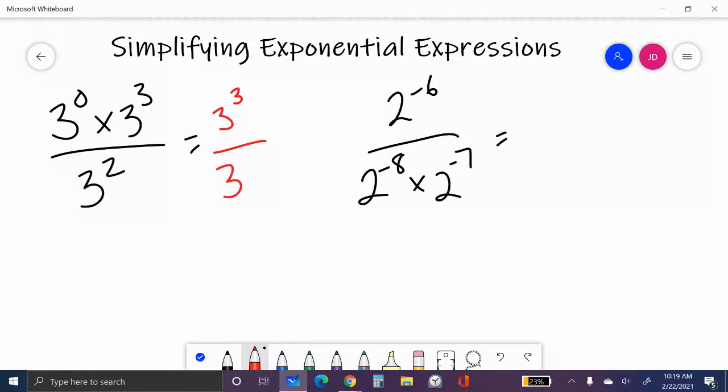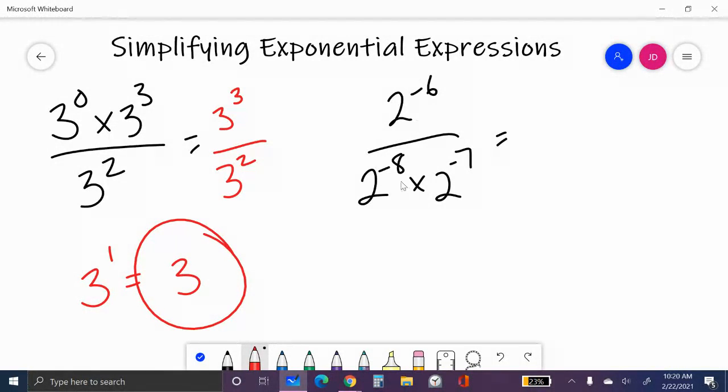And then I have the bottom there. So then, again, we go to the next step. To simplify this, you keep the base and subtract the exponents. So that would be 3 to the 3 minus 2, which is 3 to the first, which is just 3. So this entire thing simplified is 3.